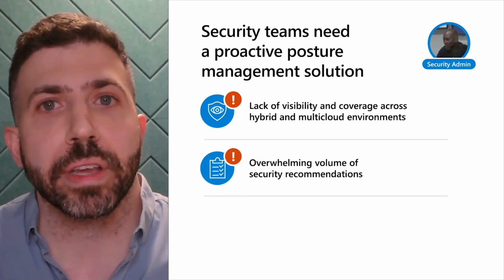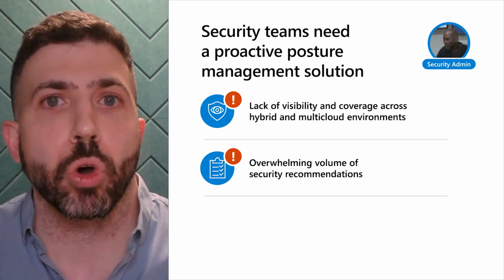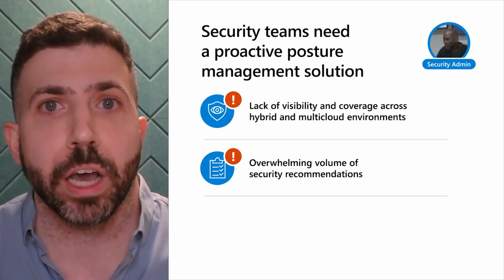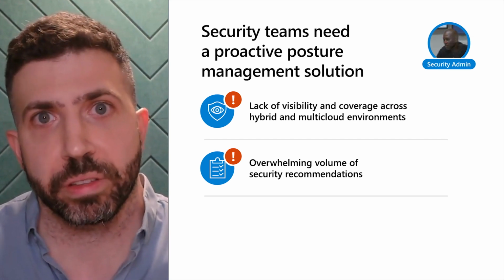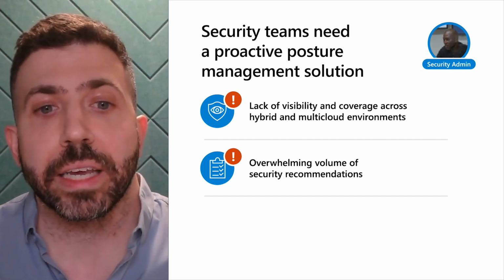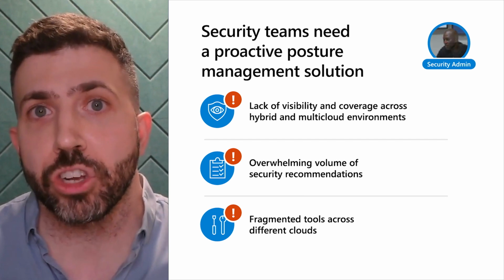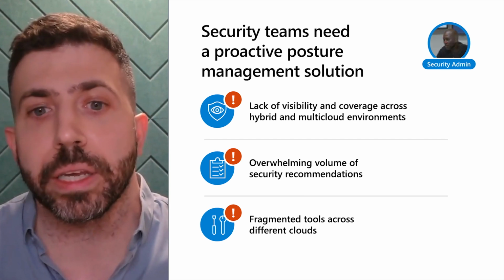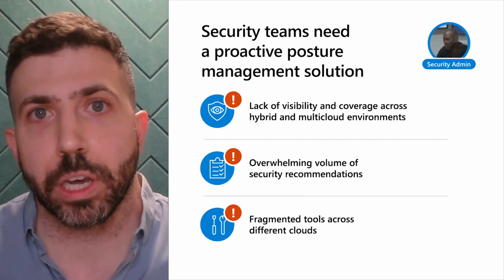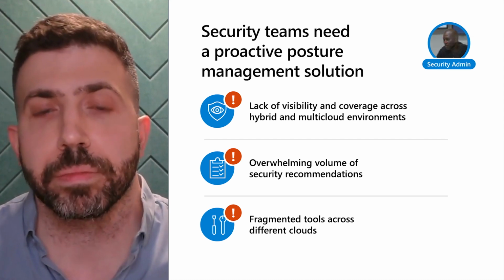Second, how can security admins proactively explore and hunt risk in their cloud environment to prevent future breaches? Lastly, how can security admins be informed with operational expectations like due date and accountability so they can remediate security recommendations with peace of mind?